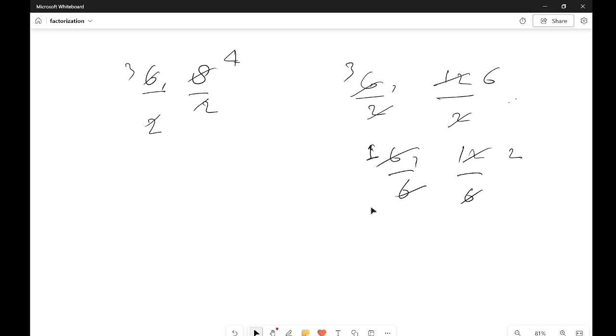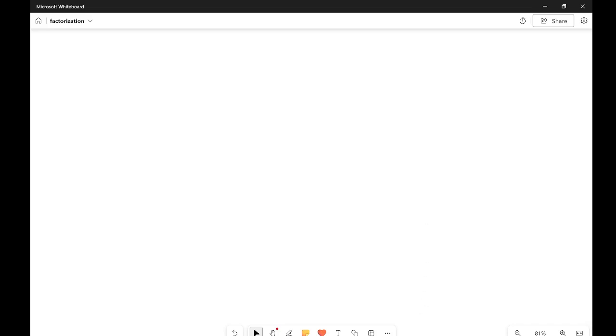How about expressions? Let's talk about expressions as well. Let's say the first expression is 2x and the second expression is 12x square. What's the factor or common? Or I would say, what's the greatest common factor or highest common factor?